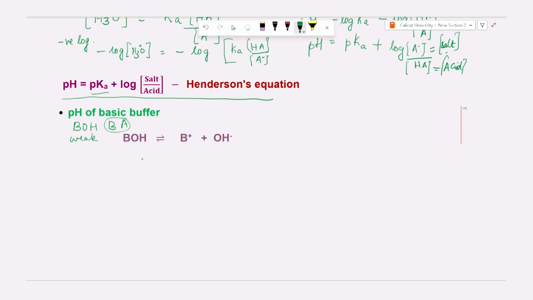Note that point. Now, from this I can write Kb is equal to the concentration of B plus into the concentration of OH minus, whole divided by the concentration of BOH.